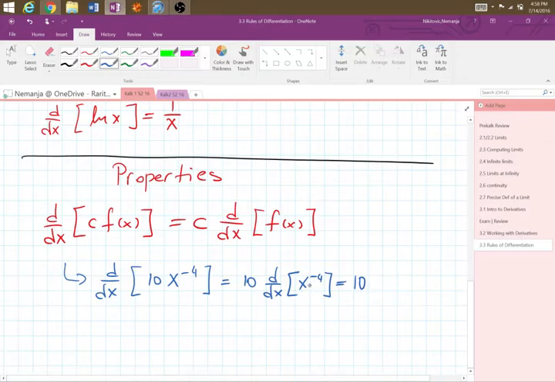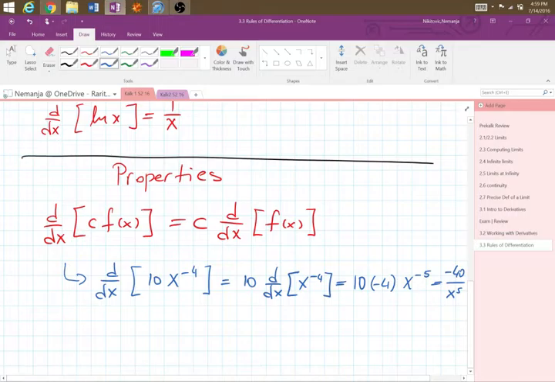So this is going to be negative 4 and then x to the negative 5, because you are subtracting 1, for the final answer of negative 40 over x to the 5. If you want to make it nice, right? You put negative 40 over x to the 5, because negative exponents will push the x in the denominator.